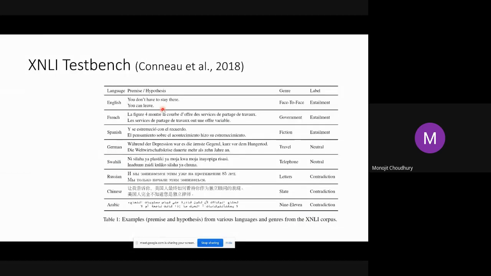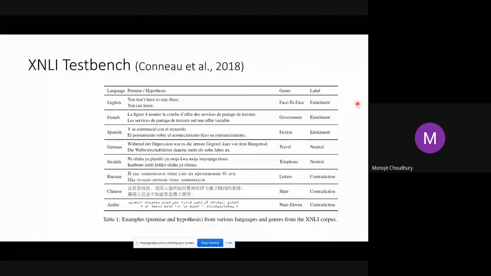You have to say whether the hypothesis follows from the premise or not. So in this case, it follows from the premise. If you say you don't have to stay there, it means you can leave. So that's an entailment. If it doesn't, then it would be either a neutral or a contradiction. So if you said you can't leave, then it would have been a contradiction. If you had said something totally different, then it would have been a neutral thing. So it's a three-way labeling or classification task.